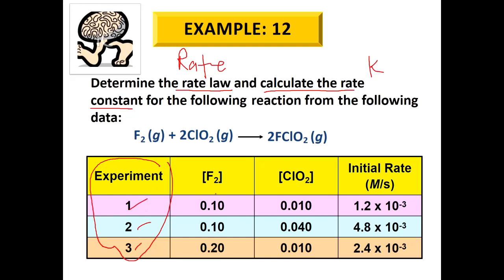We also have the concentration of F2 for each experiment, the concentration of ClO2 and the initial rate. The initial rate is given for every experiment.